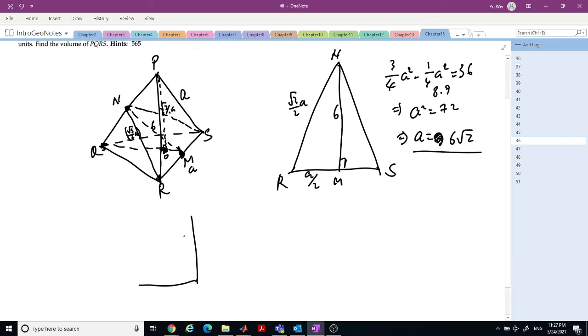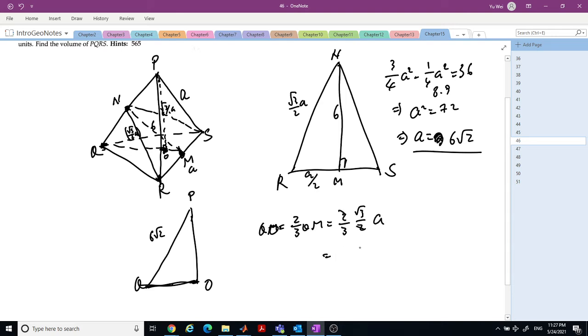So now we can see the height is the triangle P, Q, and O, right? We know a is 6 root 2. So we know QO will be 2/3 of QM. The QM is root 3 over 2 of the side a.